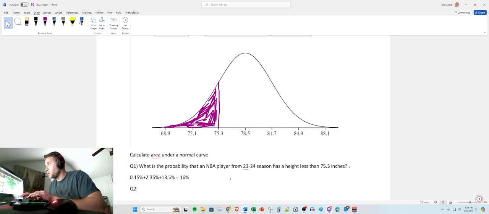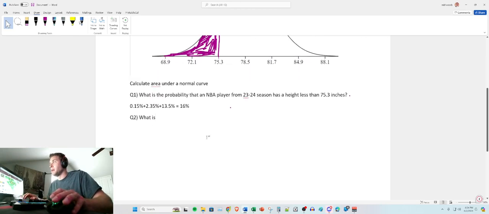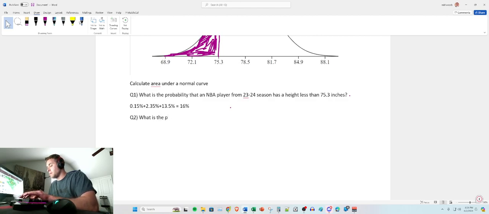So question 2. Write this with me. What is, I'll scroll it up. What is the probability that an NBA player's height is greater than 75.3 inches?